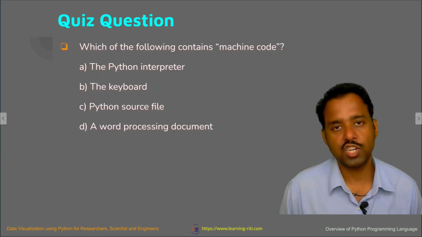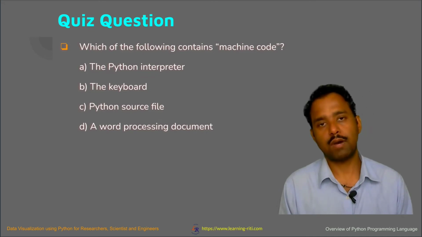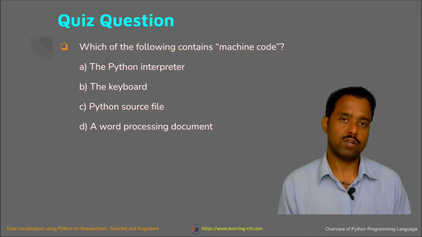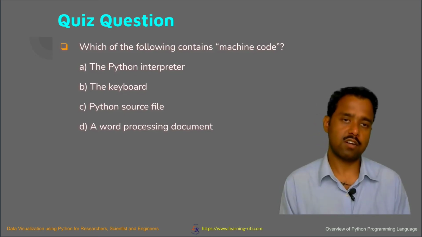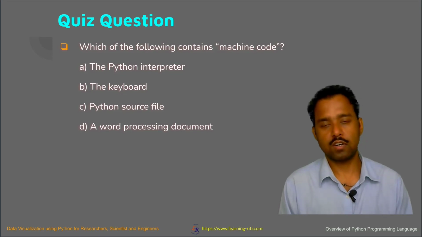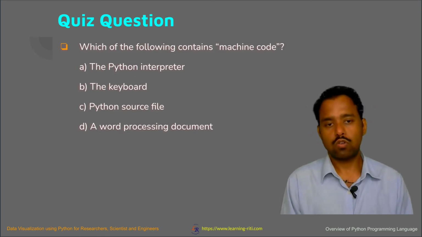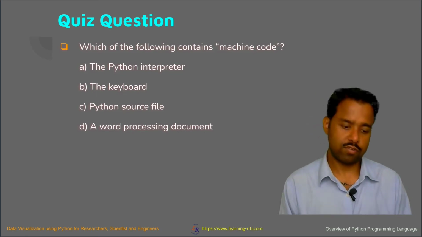Now a quick question. Till now we have seen what Python is, what machine language is, the difference between the interpreter and compiler, where Python stands, and what the different reserved words are and their meaning. So I think we should be able to give a brief answer to this.